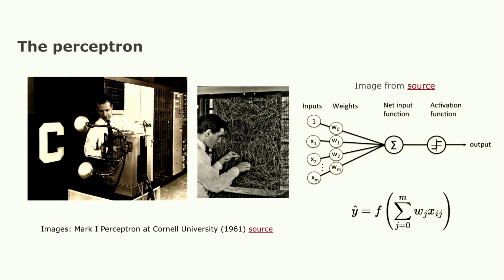Rosenblatt used them to perform basic geometric classification and character recognition. His most famous demonstration was the Mark I perceptron machine that he built at Cornell University. This could recognize simple patterns using an array of 400 photocells connected to perceptron weights. These weights were adjusted using potentiometers and a simple update rule that Rosenblatt defined.